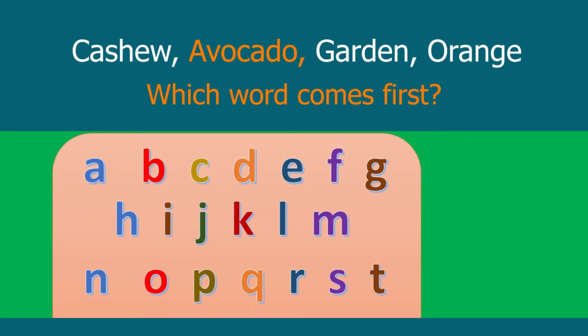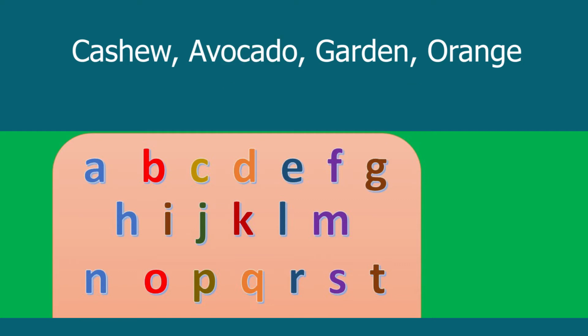Yes, avocado. A is the first letter in the alphabet. And because we're looking at first letter arrangement, and if you look at those words, each of them starts with a different letter. And so avocado is the first word in that list of words.